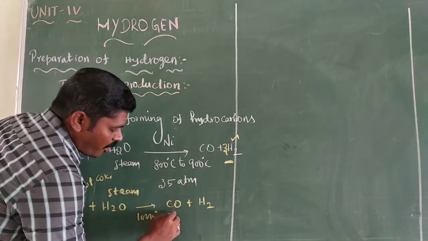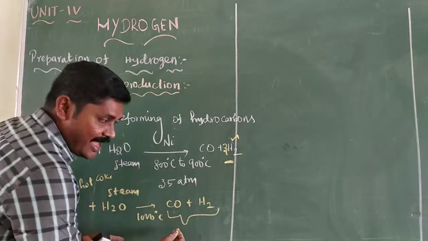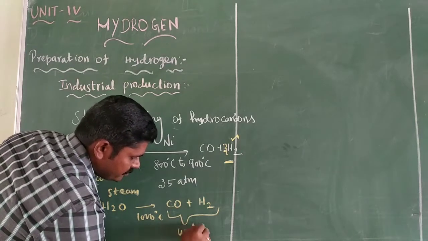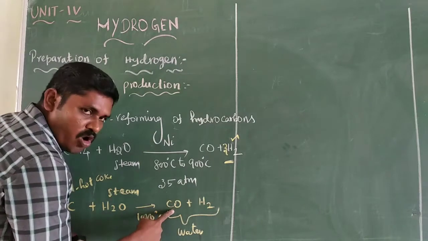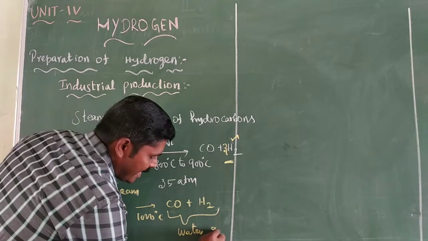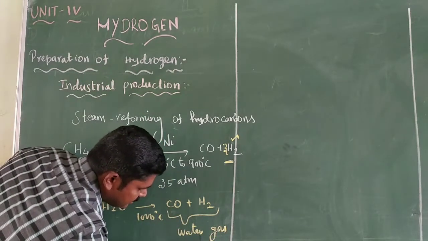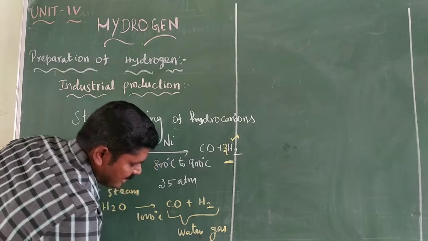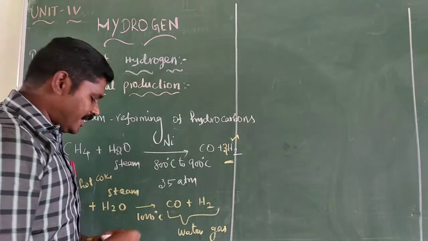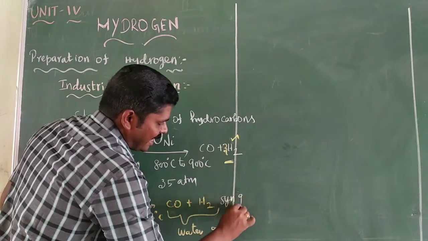The mixture of carbon monoxide and hydrogen gases produced in this way is called water gas, also known as syngas.